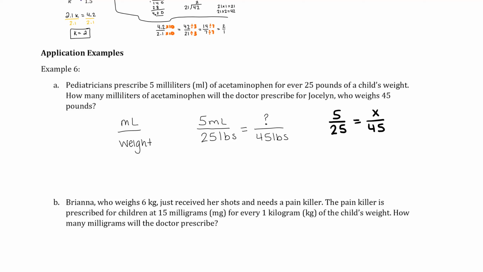So we're going to cross multiply. We need to do 5 times 45, so 45 times 5. 5 times 5 is 25, carry the 2. 5 times 4 is 20, so 225. So 225 equals 25x, and to get x alone, we divide by 25.